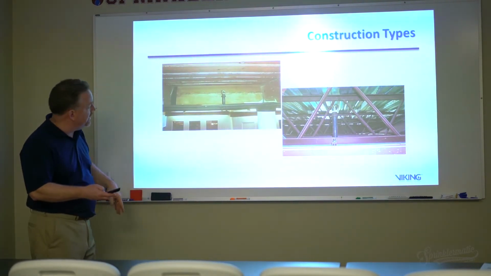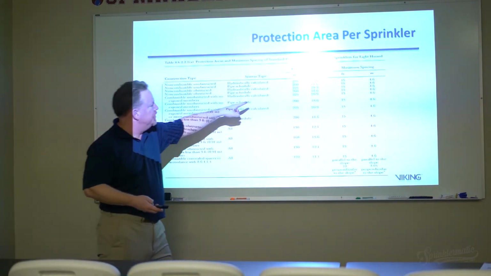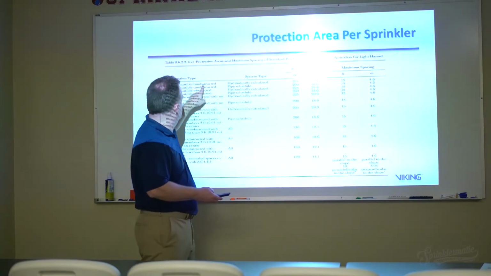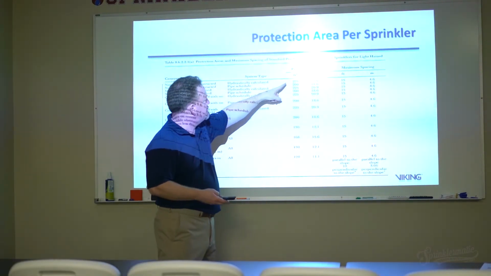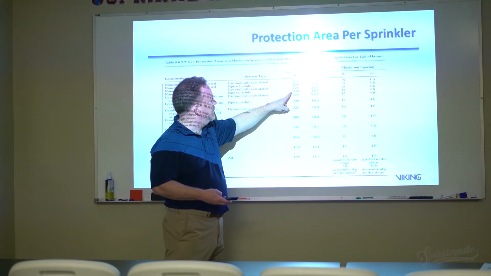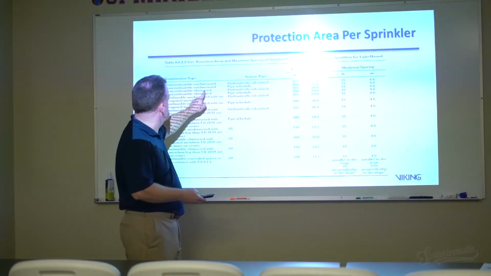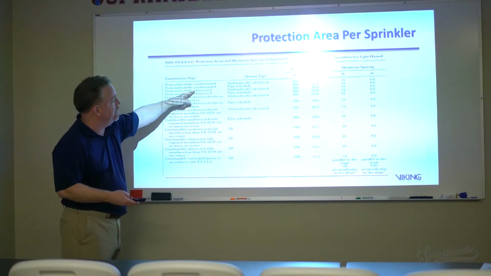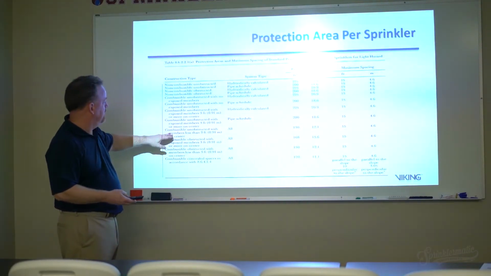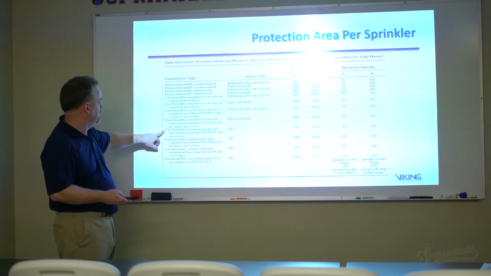So you're going to see in an obstructed construction, you've got, well, let's see, non-combustible unobstructed, 225 per sprinkler, non-combustible hydraulically calculated, 225, obstructed, it didn't have any impact there at all. All right, combustible unobstructed, then we're at 130 square feet.